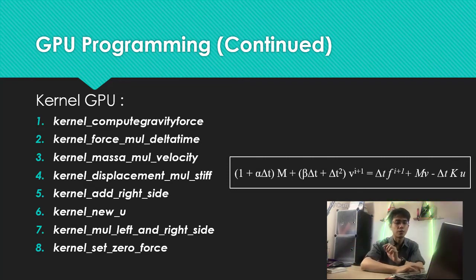This box is the solver. I always say this is a solver. And the next one is the new displacement, and the next one is to multiply the left and the right side of this box. And the next one is, if everything is done, you have to set the force to 0.